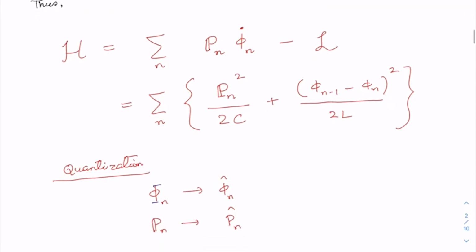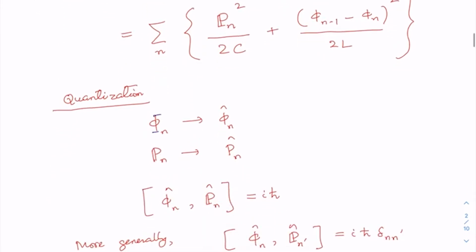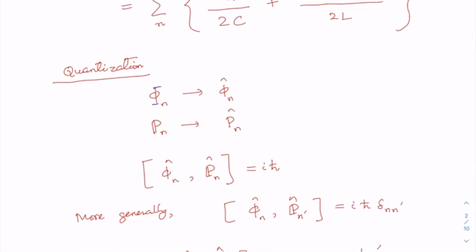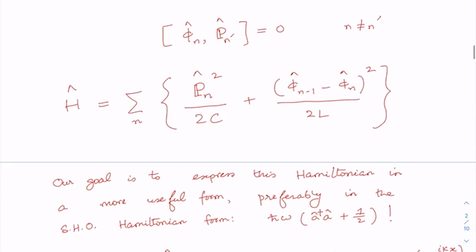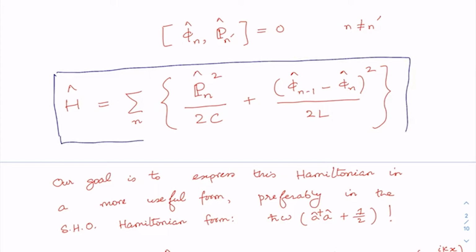Therefore we can invoke the canonical quantization method, and we do that by writing the magnetic flux in terms of an operator and the momentum in terms of the momentum operator, and invoking the Heisenberg uncertainty relation, we can quantize it. So the quantized Hamiltonian for the transmission line would be of this form, and as you can see, that is quadratic in the coordinate and quadratic in the momentum.